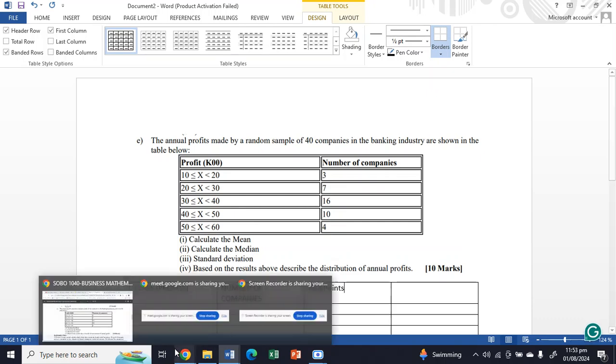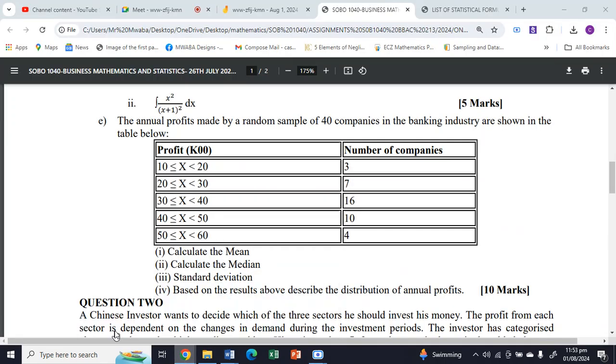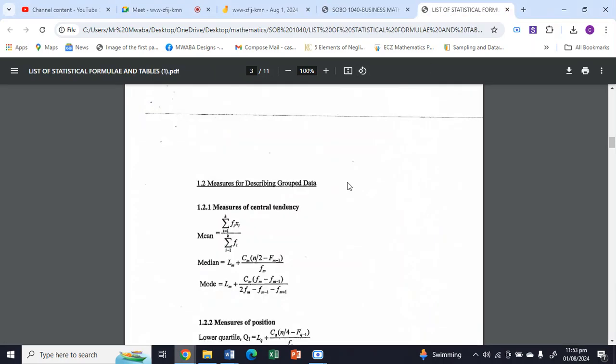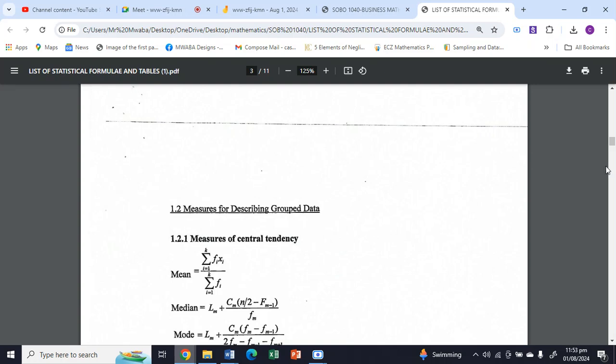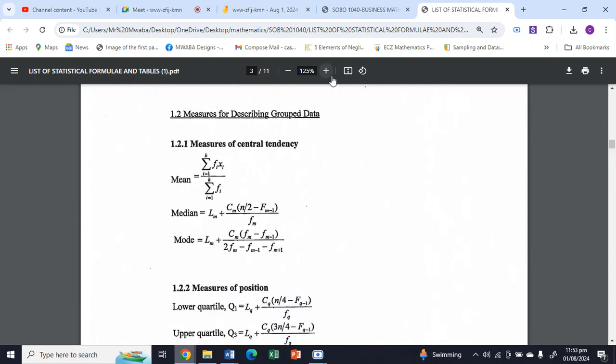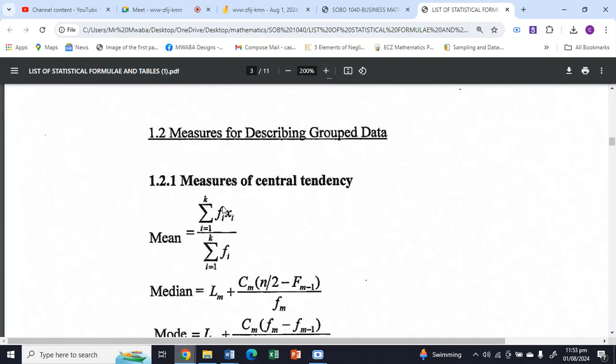This is the formula for the mean for grouped data. X represents the midpoint, F represents the frequency. So you multiply each frequency by the midpoint, then you total it up. And that number you're going to divide by the total frequency.